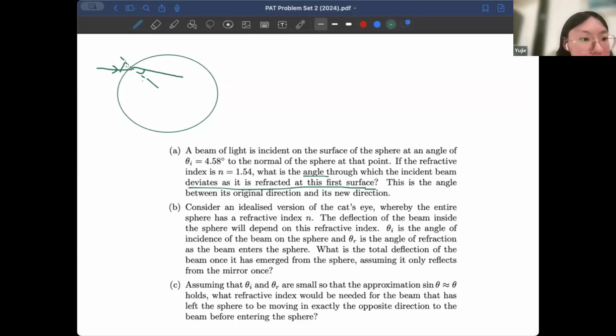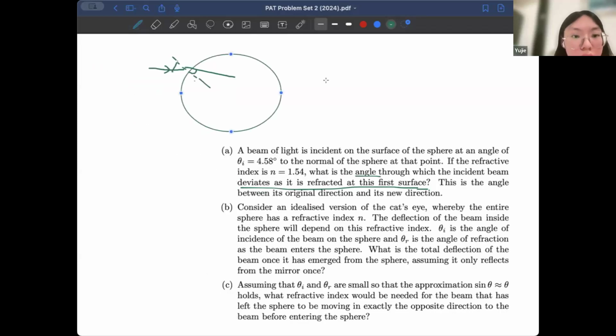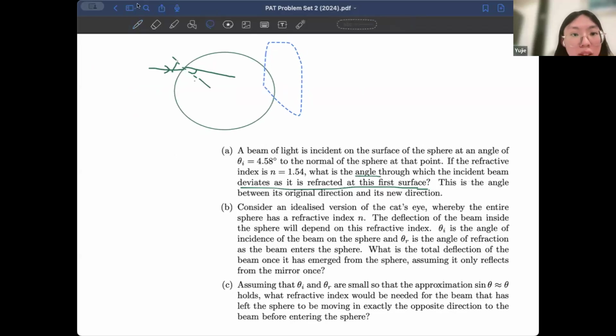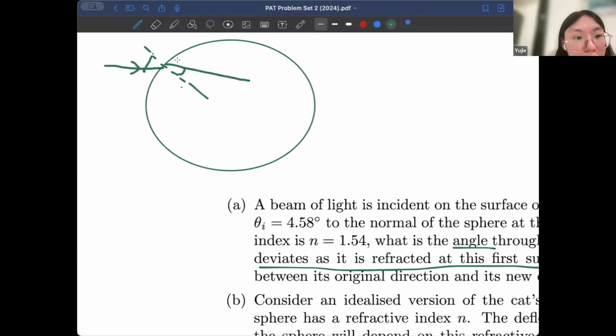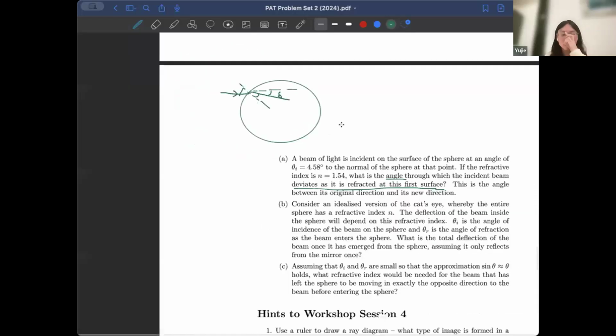So the way that we do this will be if we extend the initial incident light ray, this angle, delta, would be the angle of deviation.